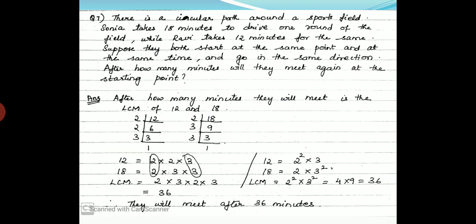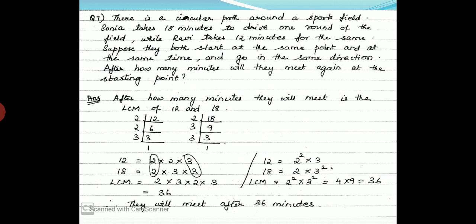Did you understand the story? Two persons, Sonia and Ravi, are starting at the same point in a circular path. They go in the same direction, but Sonia takes 18 minutes to complete one round. Ravi takes 12 minutes to complete one round. The time taken is different. The question is after how many minutes they will meet.